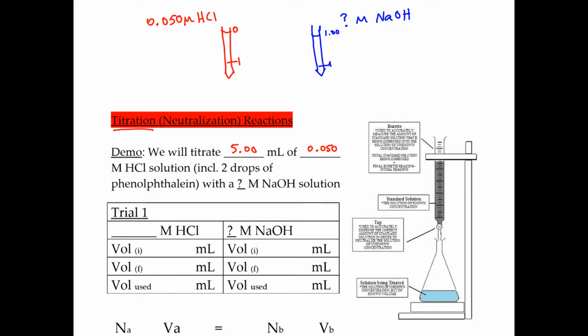So to take 5 milliliters, you would have had to make this go down to 5.00. So you're starting with the 0.05 molar HCl, and you started at 0 milliliters, and then you went down to 5.00 milliliters, so the difference is 5.00. So you used, for the first trial, in my example, 5 milliliters of the acid.